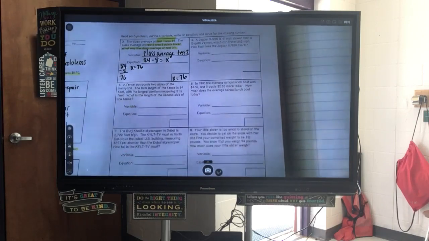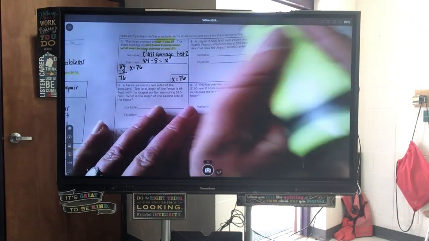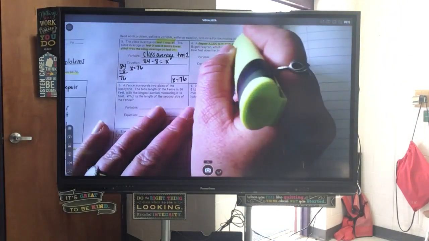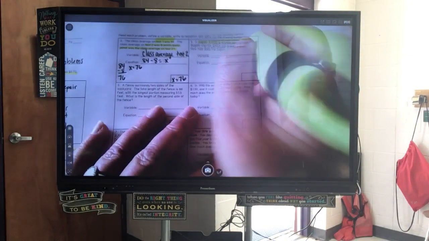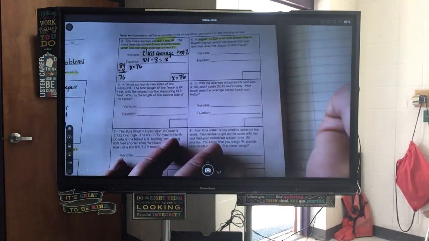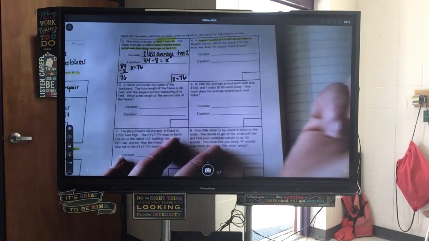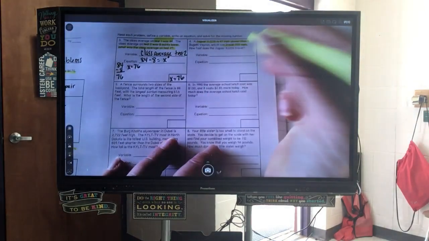Alright, what's important here? Kylie? The Jaguar XJ220 can travel 41 slower than the Bugatti, which can travel 250 miles per hour. Okay, the Bugatti can travel 250 miles an hour.